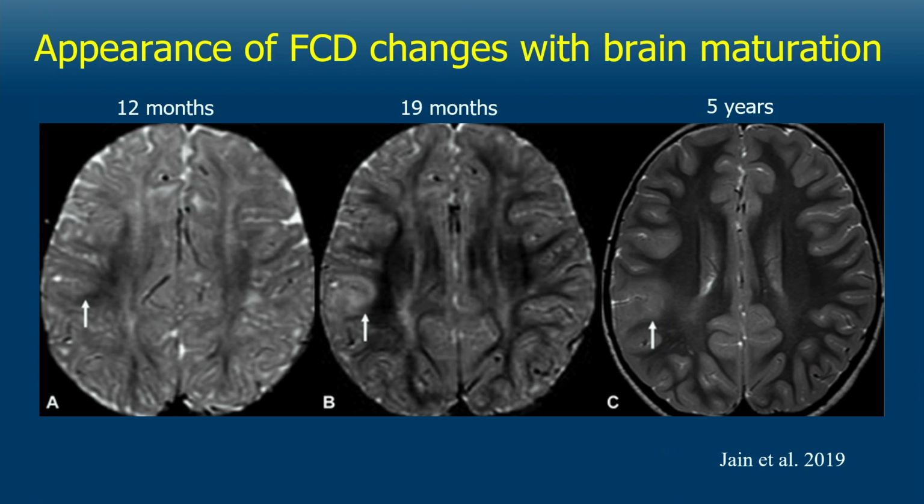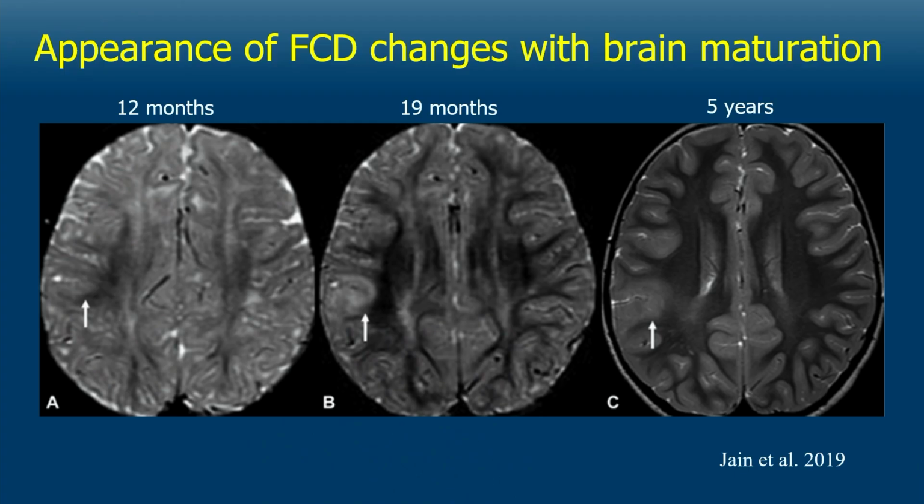So in addition to the types of scanner, the MRI techniques, and the experience of the radiologist, the other factor that influences our ability to identify a lesion is the age at which the MRI is done. Typically the brain undergoes maturation, and there are a lot of changes because of the brain maturation process, particularly in the first few years of life, typically the first 3 years or so.